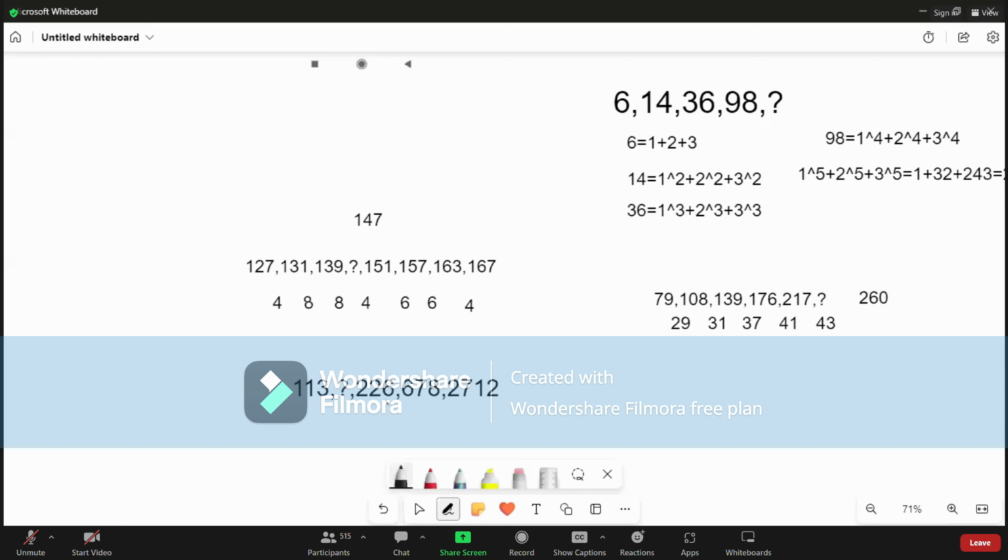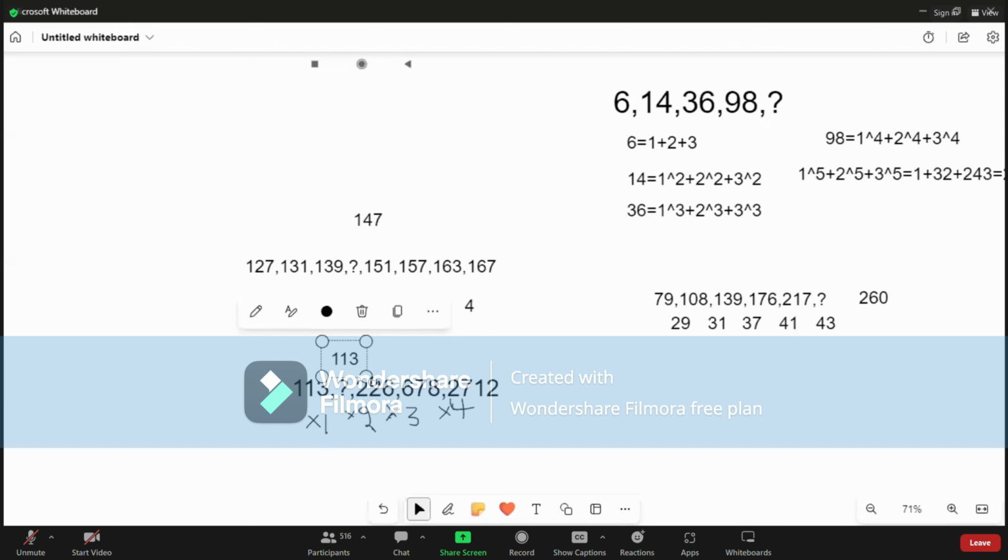So let's just check, this is into 3. 226 into 3 gives you 678, and 678 into 4 gives you 2712. So now if you get into 2 and into 1 over here, for that, this question mark term also becomes 113.